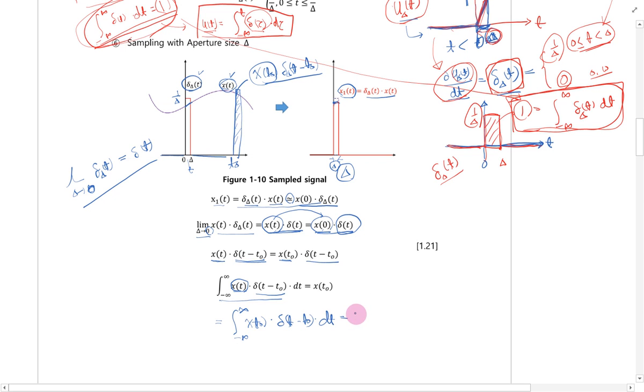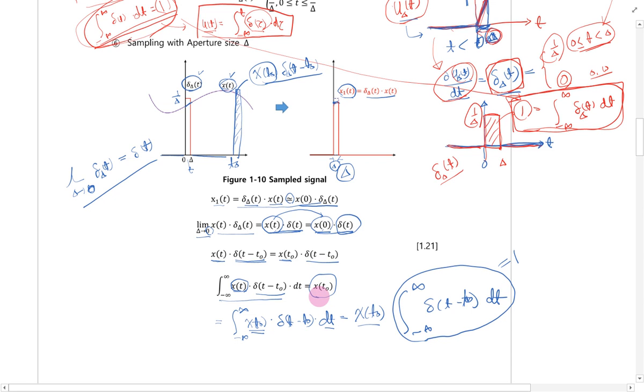equals, now you know that x(t0) is constant with respect to time. It doesn't change over time. So we can take it out of the integral. But you know what? By the definition of the delta function, the integral should be 1. So the integration of a delta function is quite easy.